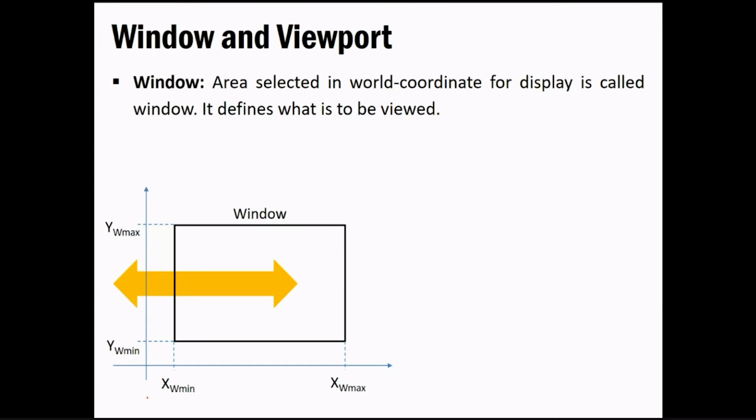It is not concerned with where or how you are going to display this. Instead, it will only give you what is to be displayed. As you can see over here, we have one shape, and out of that you just want to display this part over here.